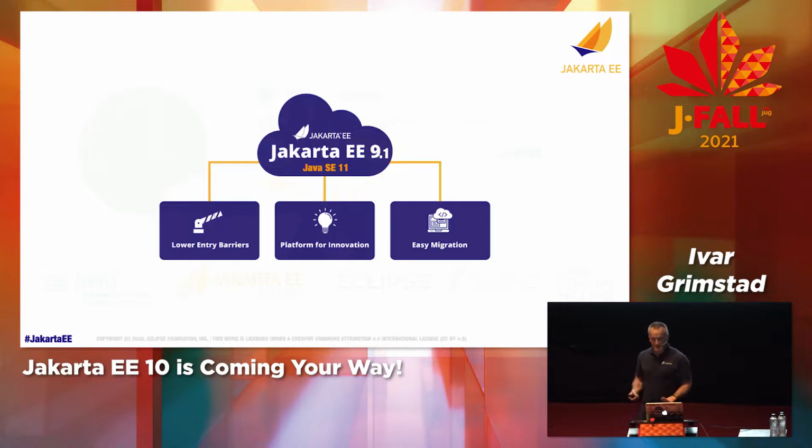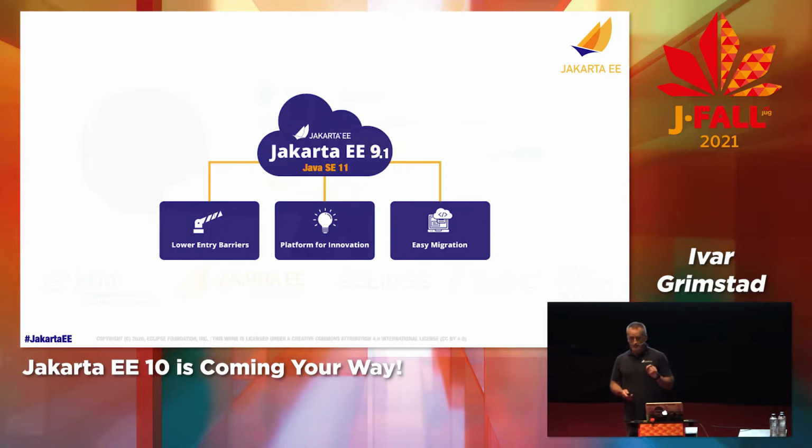The reason we did that was that when we released Jakarta EE 9, we wanted to get it out the door at the date we'd set, and we couldn't quite make the test suites, the TCKs, run on 11, so the vendors could certify their projects on 11. So that's why we released a 9.1 release, which allows vendors to certify on Java SE 11. That's the only thing that is in 9.1 that wasn't in 9.